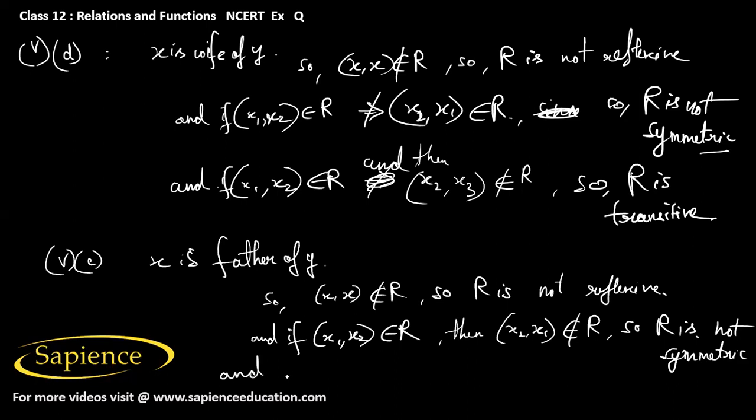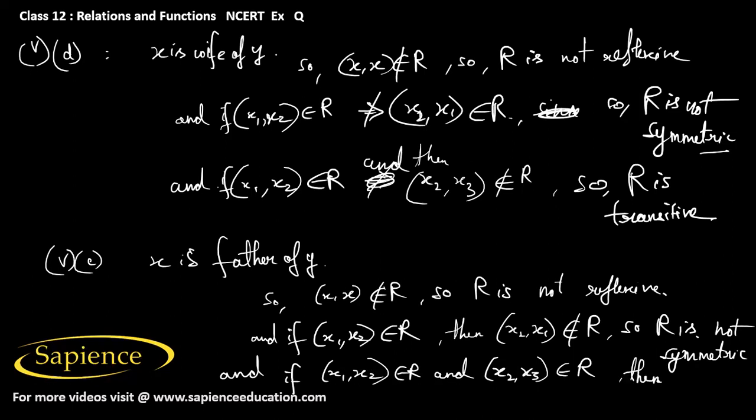And also, if x1 comma x2 belongs to the relation R and x2 comma x3 also belongs to the relation R, it means that x1 is the father of x2 and x2 is the father of x3.